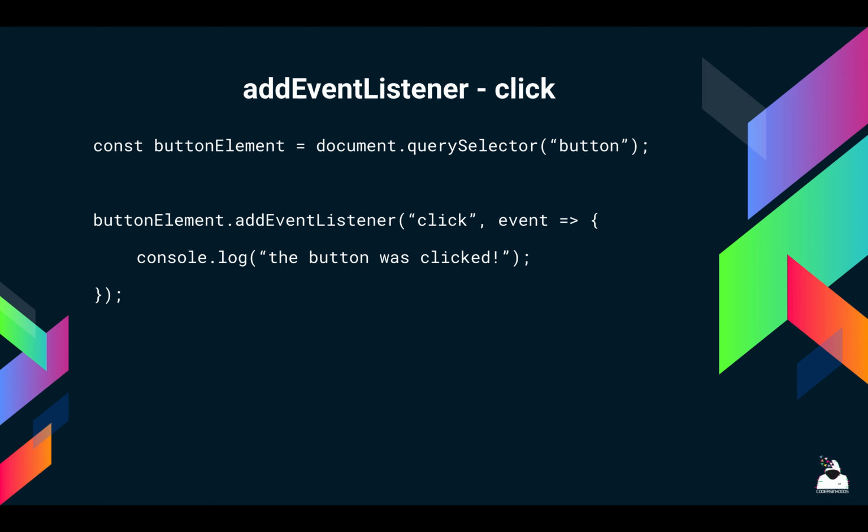Now, this function can optionally, in JavaScript, everything's kind of optional, receive an argument, which is an event object. And we'll look at that in a bit more detail when we are trying it out in the browser.